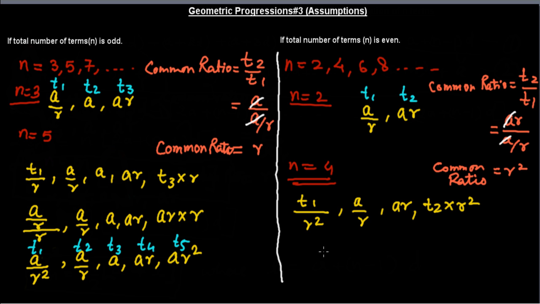So we get a upon r divided by r square, a upon r, ar, and ar into r square.